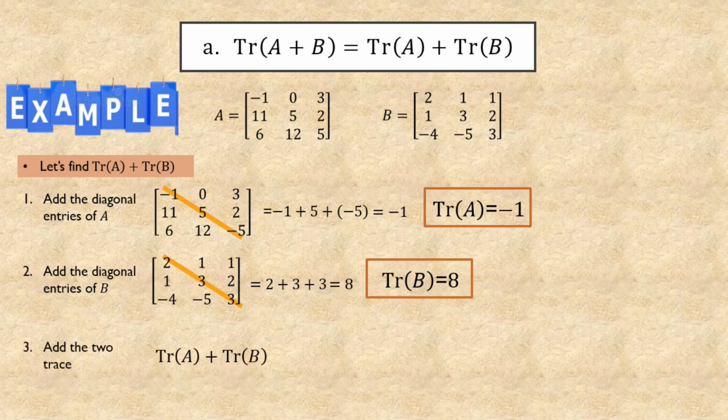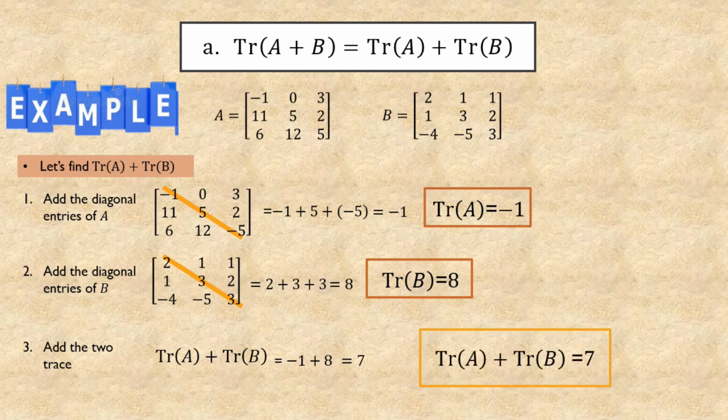Then add the two traces. Trace of A plus trace of B is equal to negative 1 plus 8, which is equal to 7.